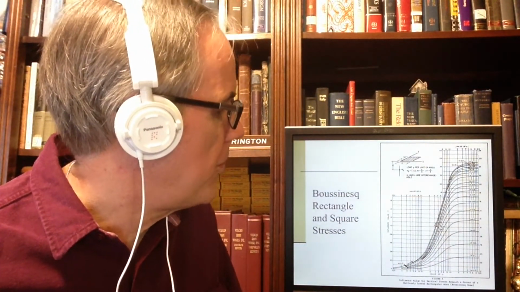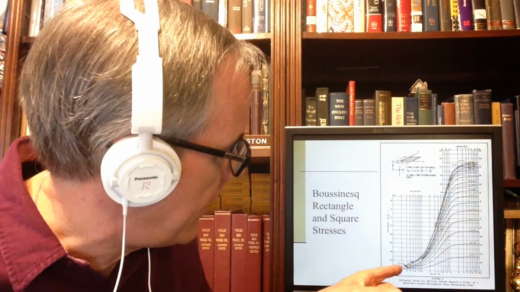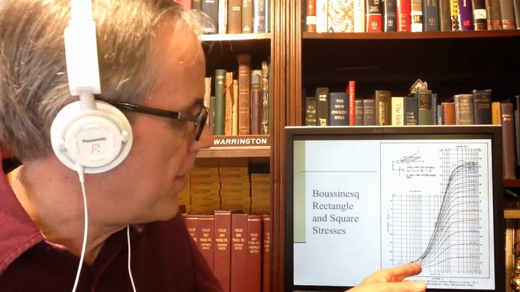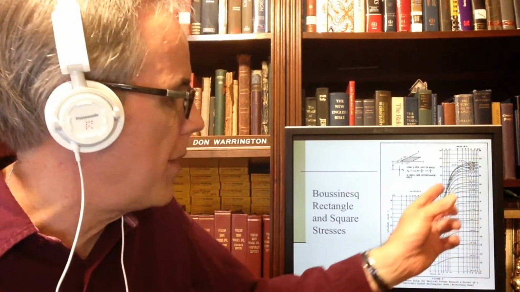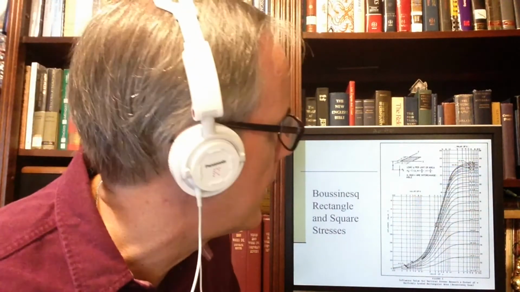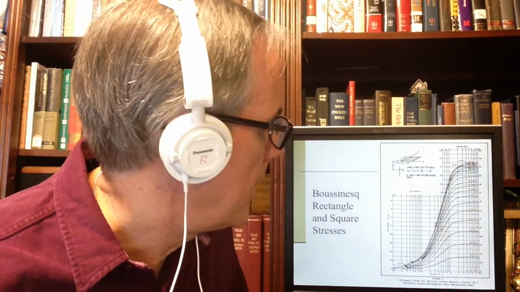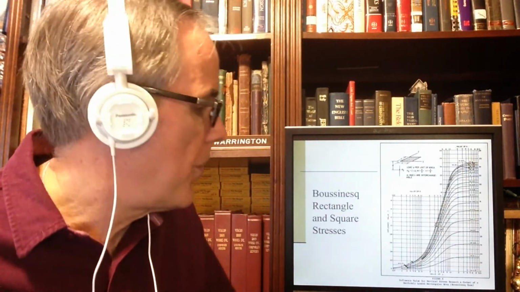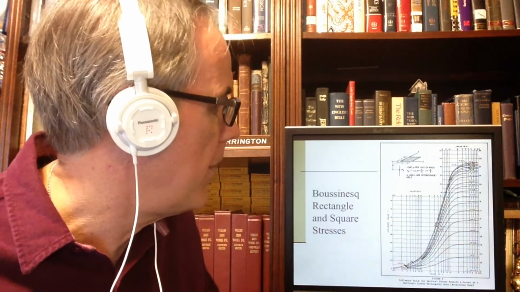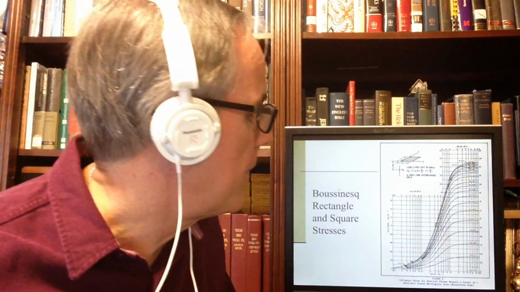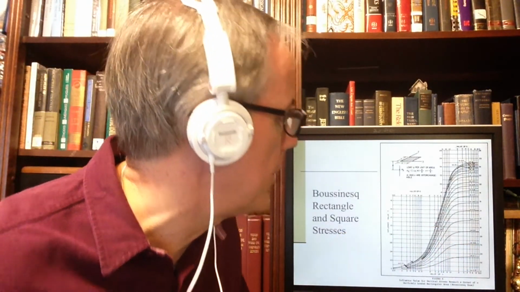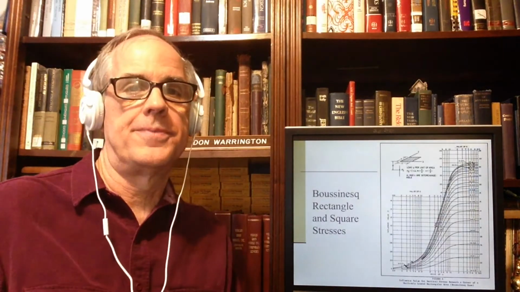Then, once you do that, you use these values of n, and then you've got different values of m all the way up to infinite n. That would be a strip load. And if you know n and you know m, you can compute the influence value. Now notice that the influence value doesn't go past 1/4.